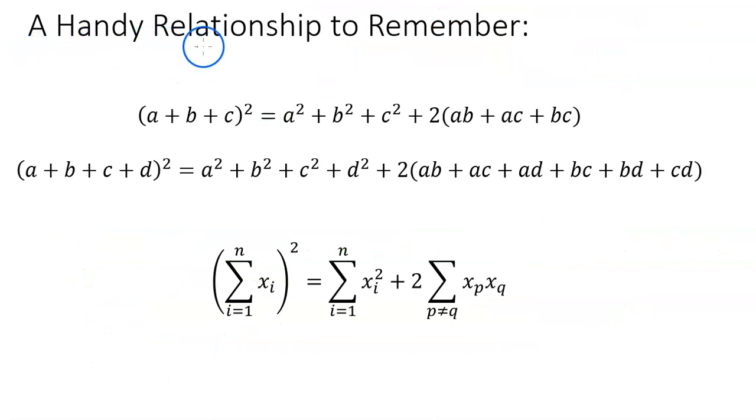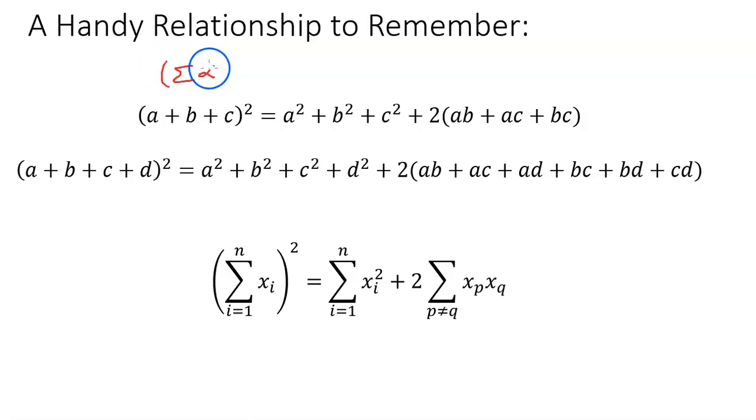And a nice handy little formula to remember. It came up in the middle of that last question. It's basically saying if you have a plus b plus c, you square it, it's the same as the sum of the squares plus 2 times the sum of the products of any two of them. So in our notation, we would write it like this.